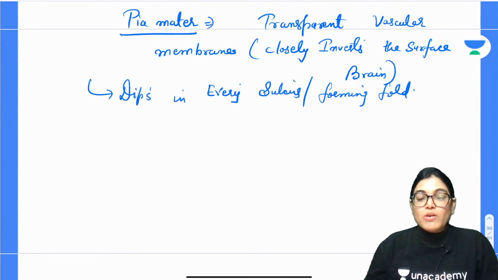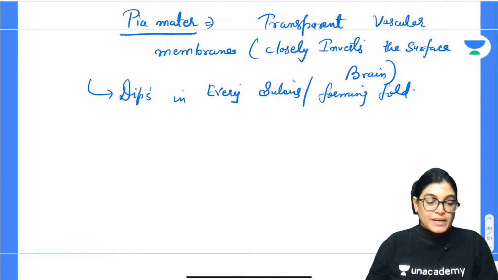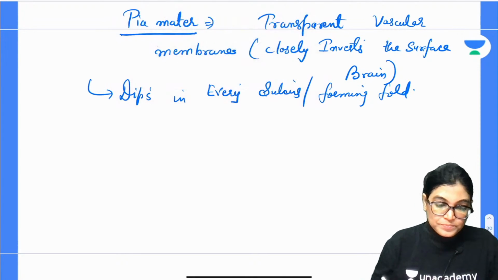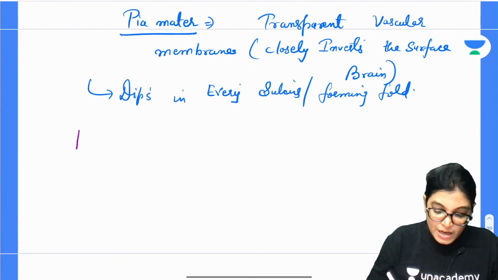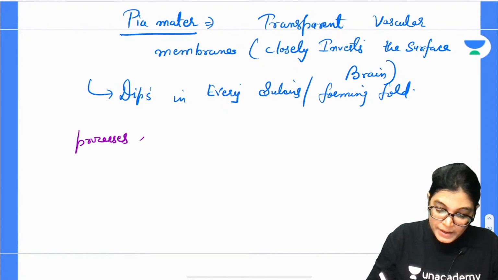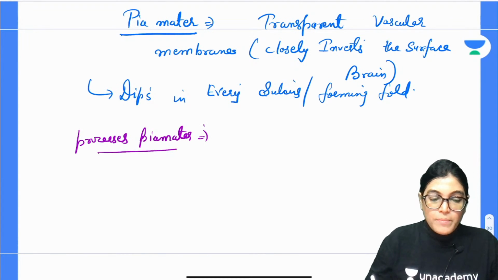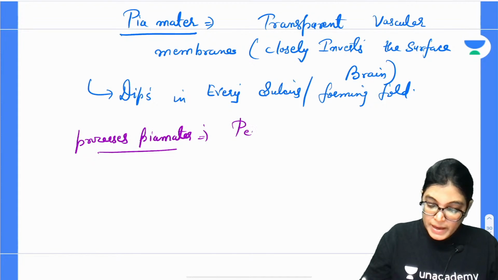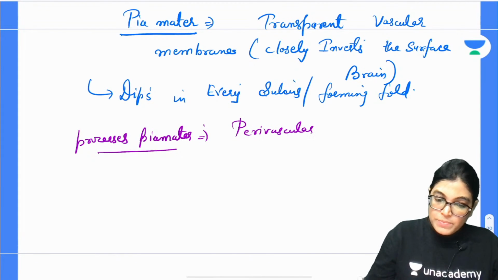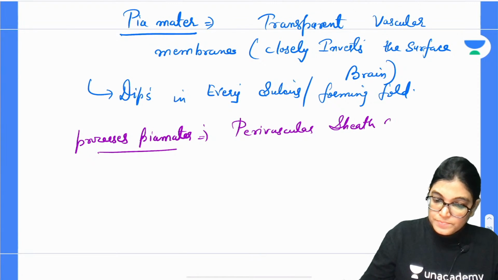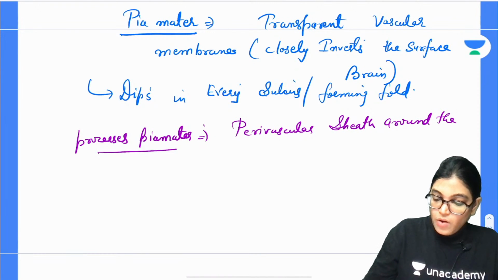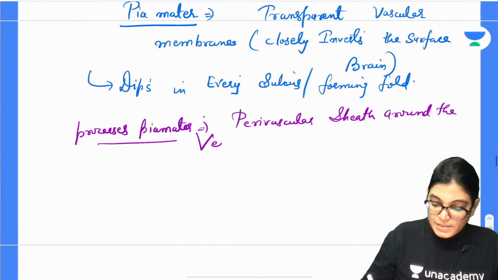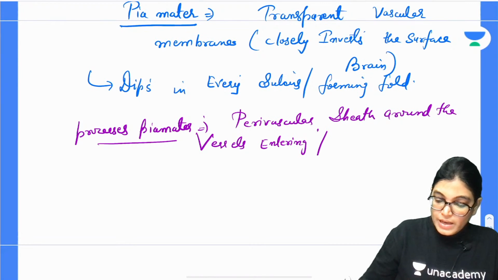Now, if I talk about the modifications of the pia mater in terms of the cerebral hemisphere, you can write down the processes of the pia mater. It forms a perivascular sheath around the vessels entering and leaving the brain surface.